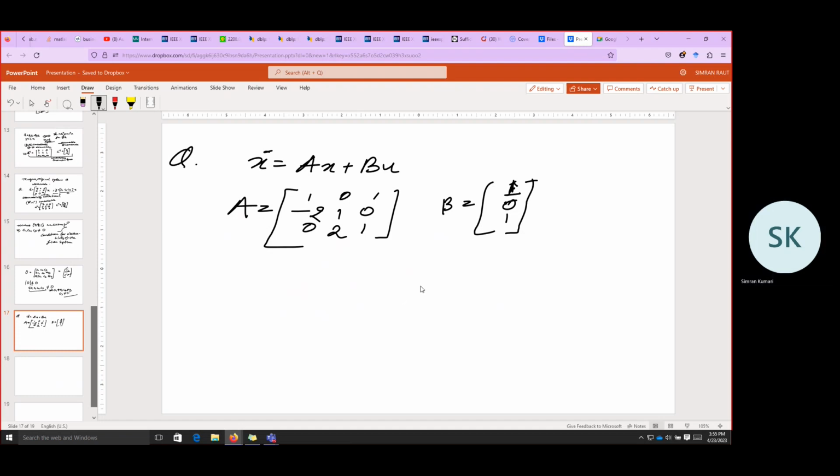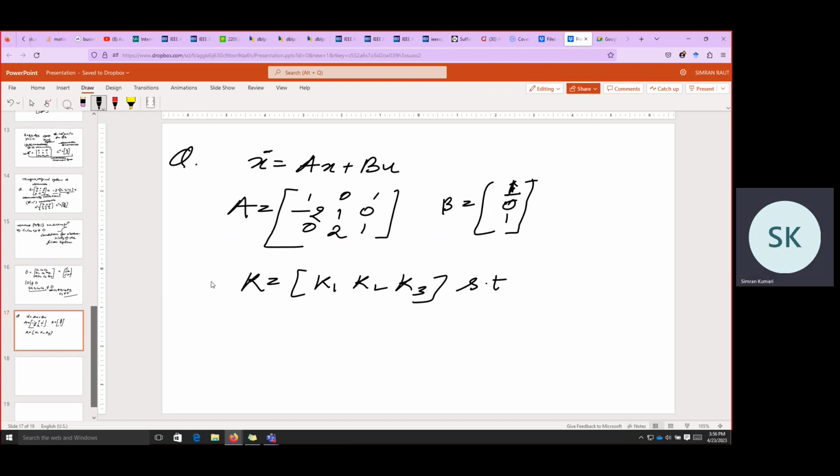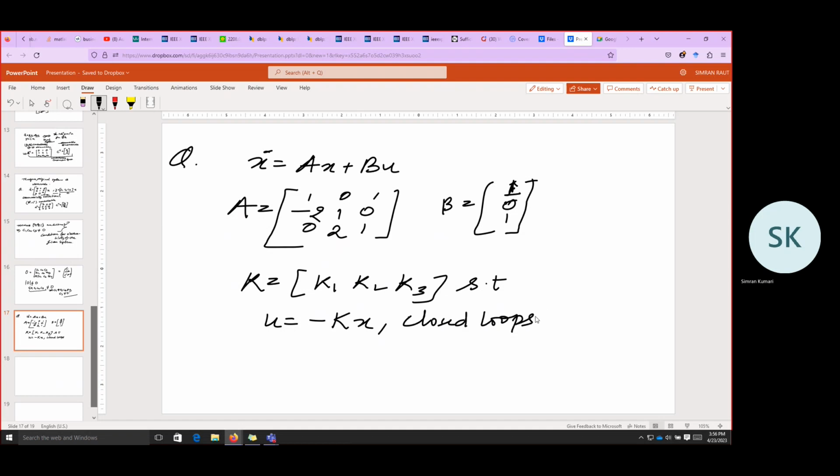We have to find K having k1, k2, k3 as elements, so that if we have this input u equal to minus Kx, then the closed loop poles are at minus 5, minus 3, and minus 1.